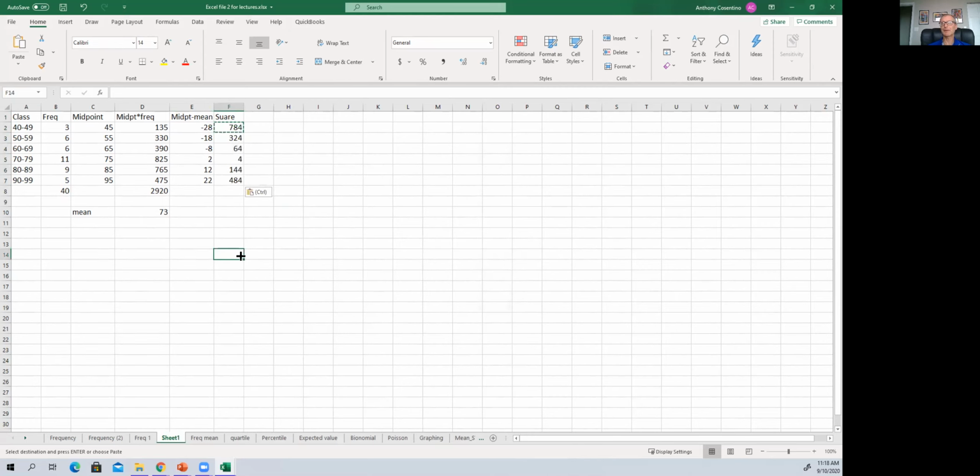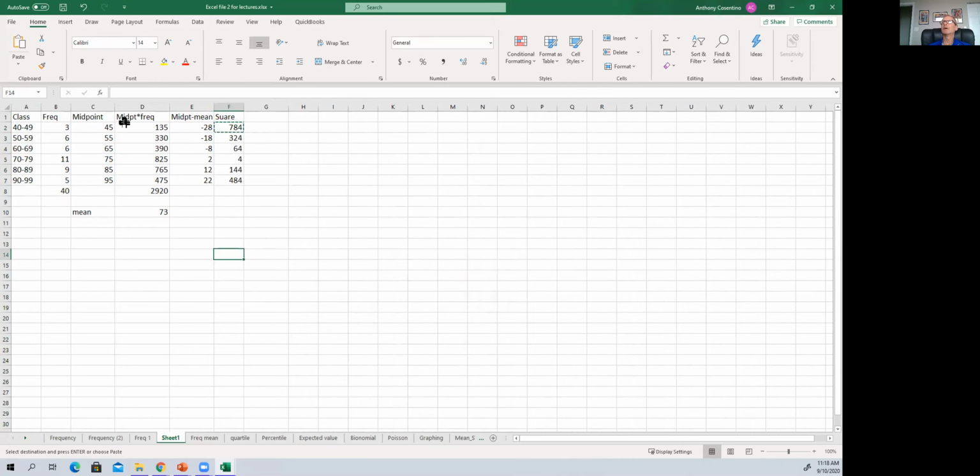So here's the next column, which again is a little different because we need to use the frequency numbers, because you see that this minus 28, when we square it, the 784 occurs 3 times. So you have to add that 3 times. Just like we multiplied here, we're going to multiply the square term.